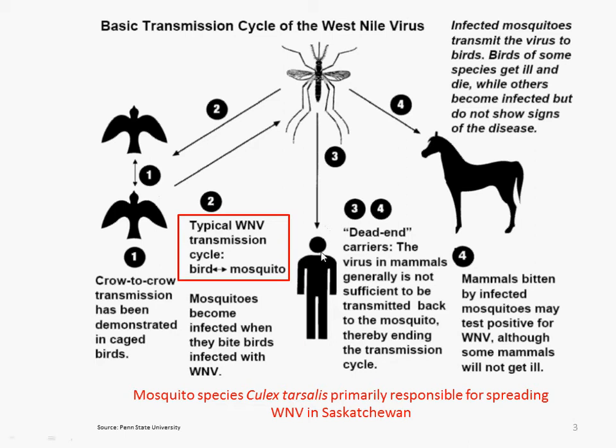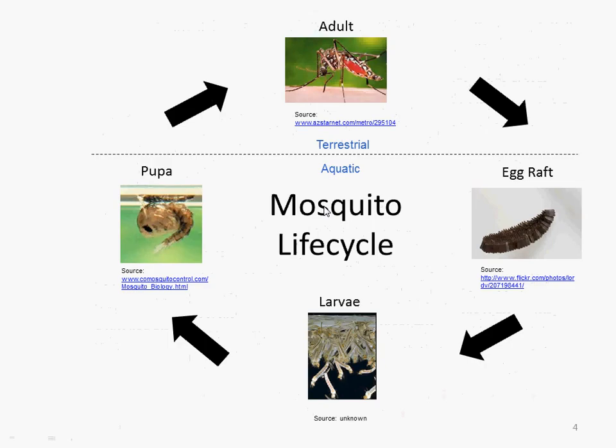So here people are getting it from mosquitoes, and one of the issues is that the mosquito life cycle, although it's involved, has quite a large set of environmental dependencies that reflect the underlying processes.